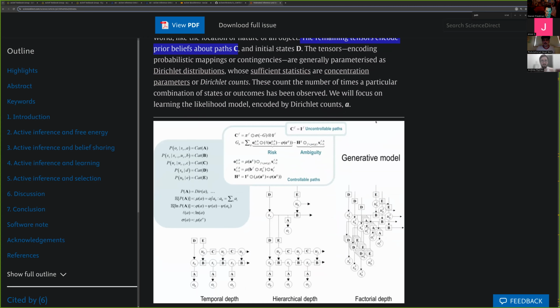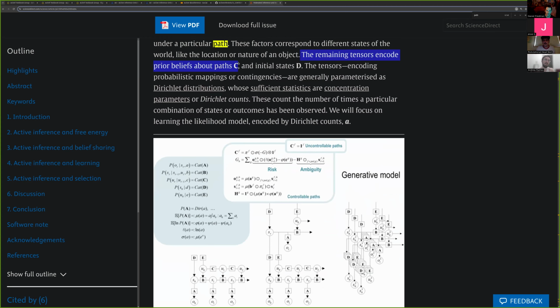For B, it's still a transition matrix. But then here C, which is typically in the textbook in chapter 7, in that particular context, refers to your priors over observations, but here they're now prior beliefs about paths. And meanwhile, initial priors about initial states D remains the same, just as A and B do.